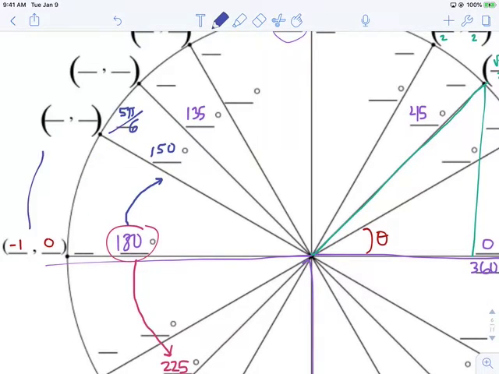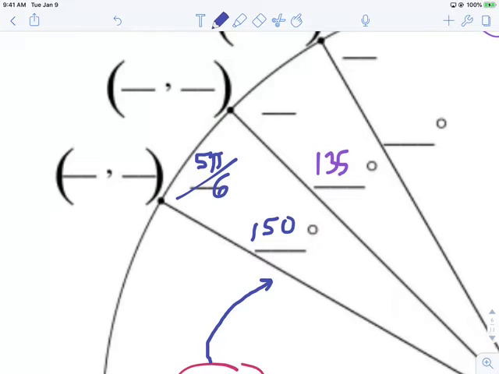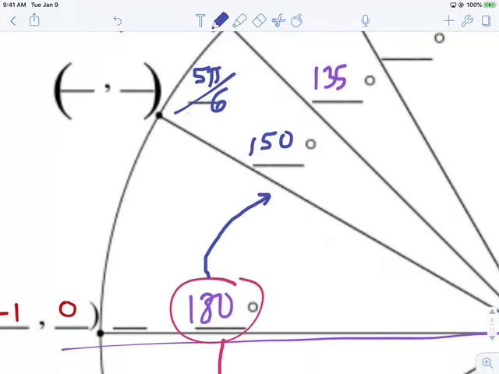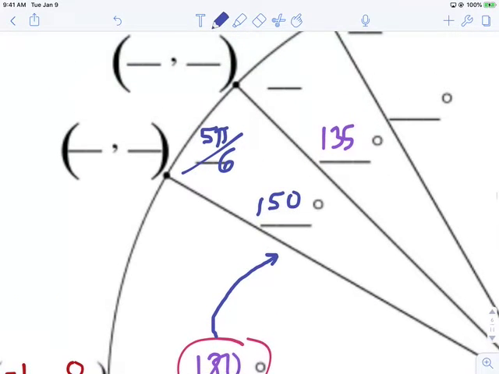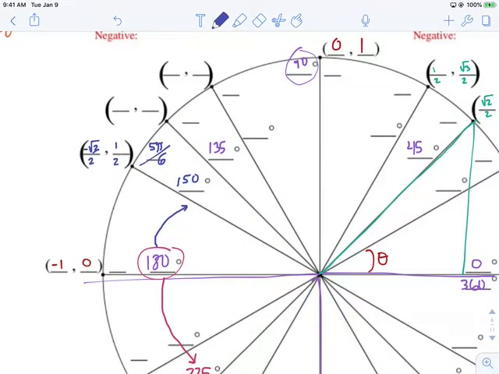Alright, for the x value here, there's only 3 choices: 1/2, square root of 3 over 2, or square root of 2 over 2. Well, I can see that the x value is big, so the biggest one out of those 3 is square root of 3 over 2. So I can tell the x value is negative square root of 3 over 2, and the y value is positive 1/2. I know y is positive because it's above 0, and I know x is negative because it's less than 0.